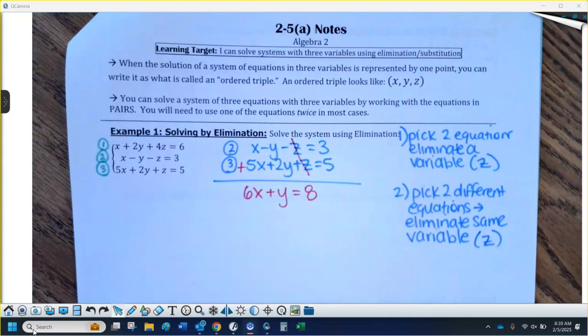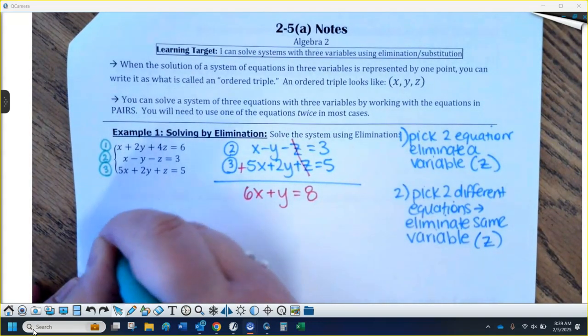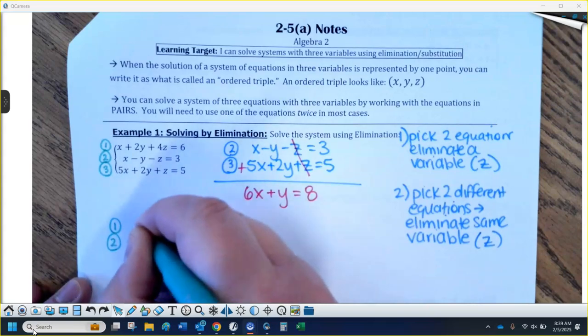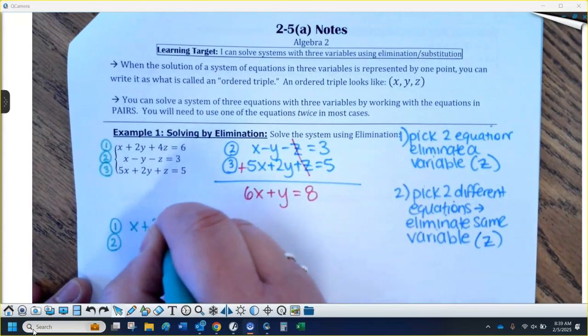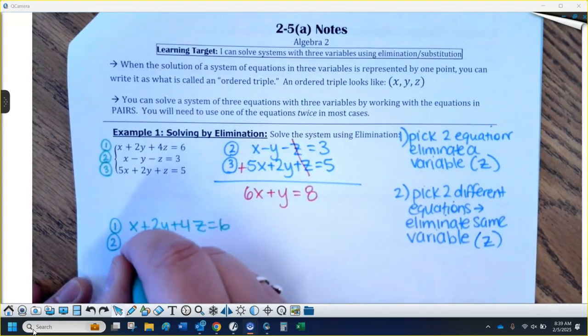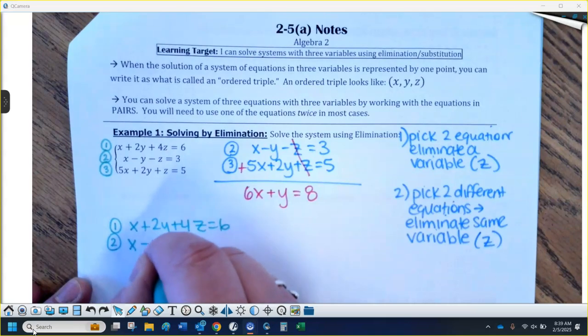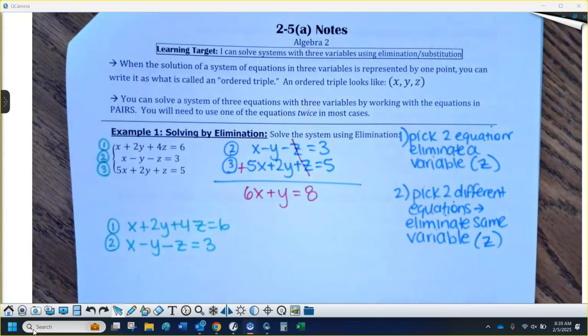Okay, so let me just make a recommendation here. I'm going to have us pick equation 1 and equation 2. As long as it's different from the first 2, I have x plus 2y plus 4z equals 6. And in the second equation, I have x minus y minus z equals 3.